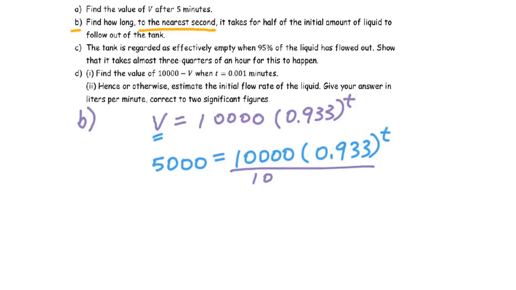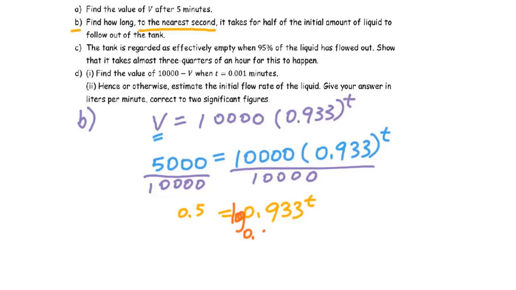We divide by 10,000 both sides. Then we got 0.933 to the t power equals 0.5. Then we do the log both sides. Base is 0.933.